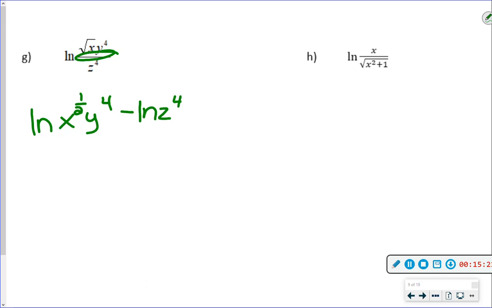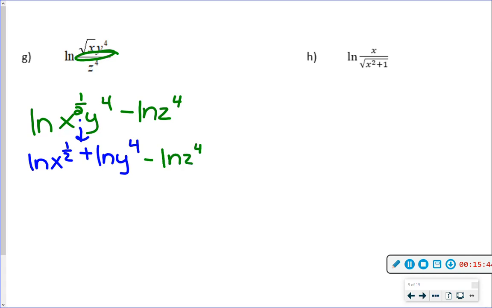So I have 2 ln's. We said we need 3, so I know I'm still going. Okay. Well, product, I'm going to expand out to addition. So I'm going to make that ln x to the half, plus ln y to the 4th, and I still have my minus ln z to the 4th.